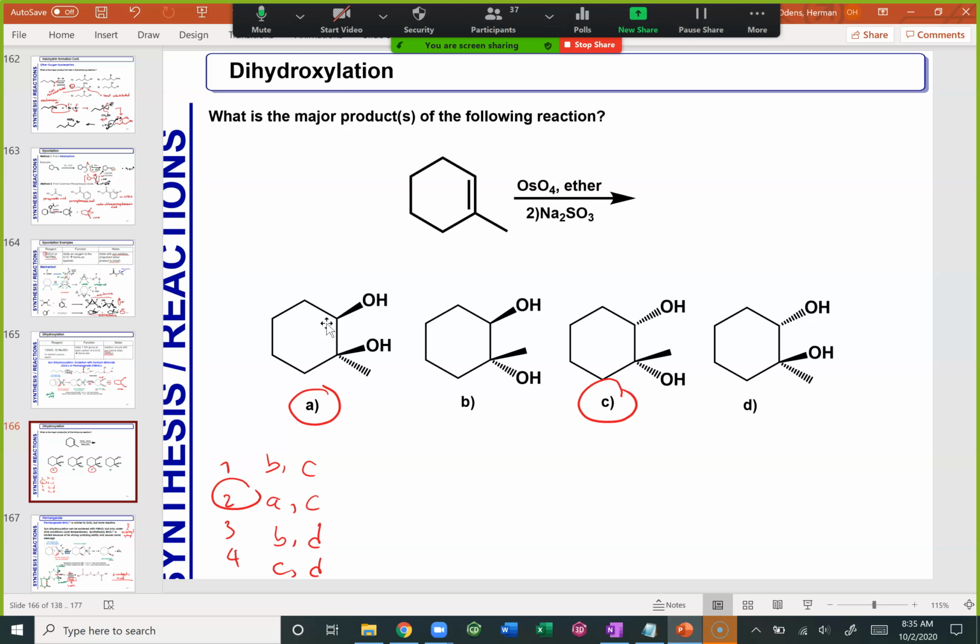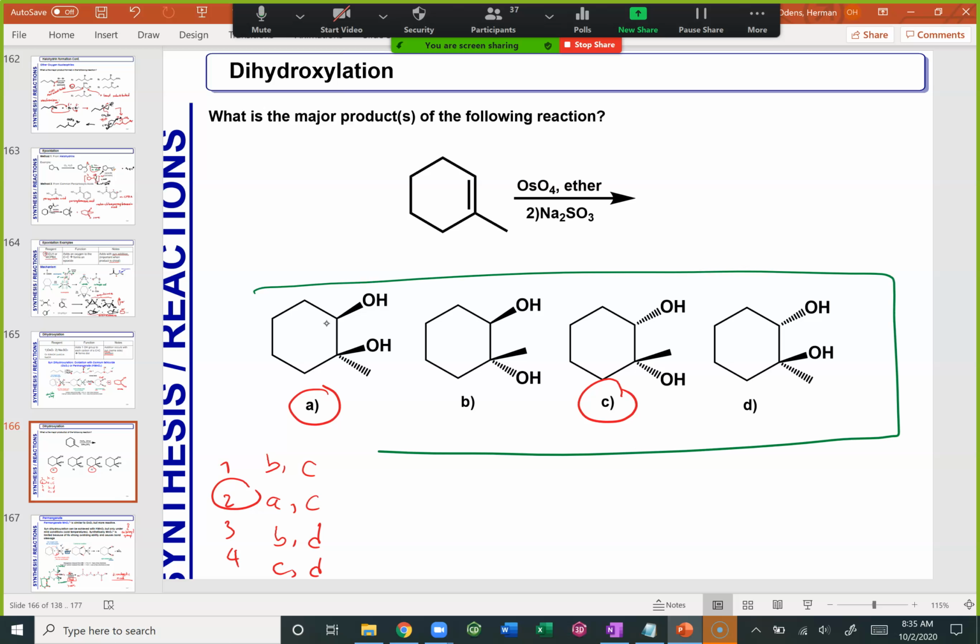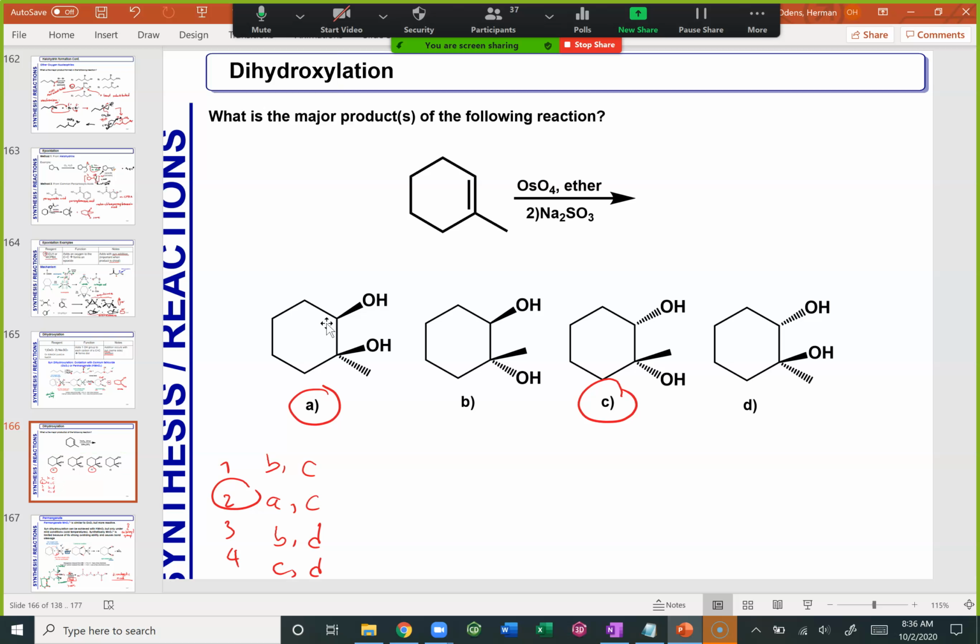Your products, and this is what I will expect to ask you a question: if you form more than one, the answer should be the ones that are formed. So in this case it's A and C. I will give you a series of choices like that. 3 will be wrong. Only 1 will be right. In this case it's C, because you form, this is top attack, bottom attack. You have a methyl group that makes the difference, and that is something to account for. So that's mechanism number 7.